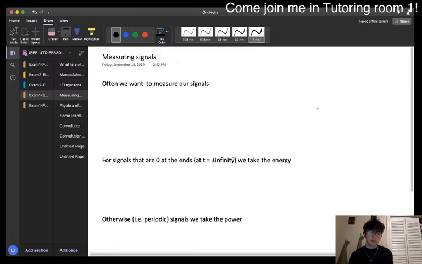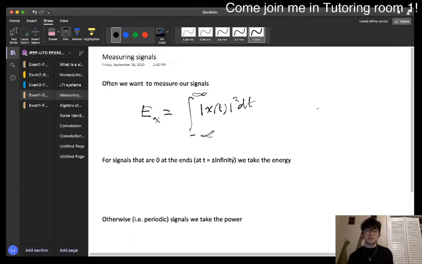So if we have some signal x, then the energy of x is equal to the integral of the absolute value squared of our signal over the entire domain.